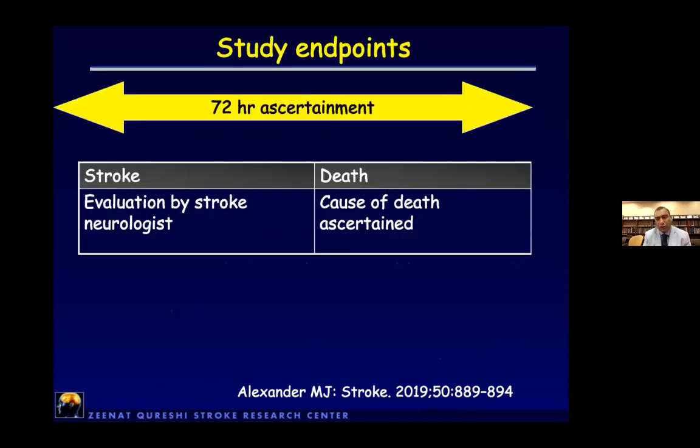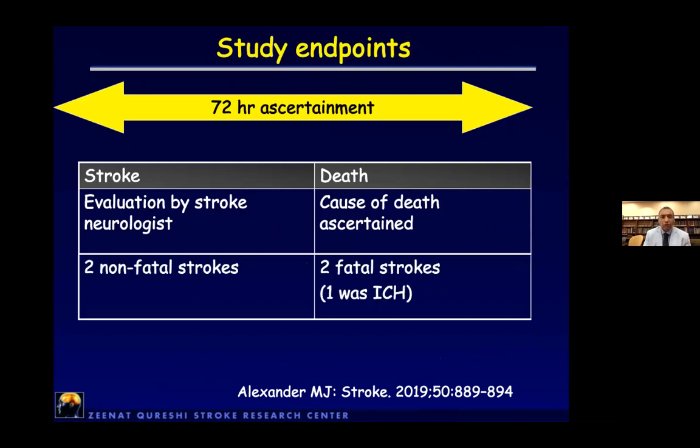The trial was a short-term trial, just looking at 72 hours, at any stroke evaluated by a stroke neurologist, or death. Within 72 hours, the rate was very low.